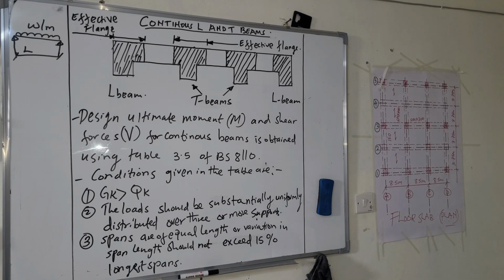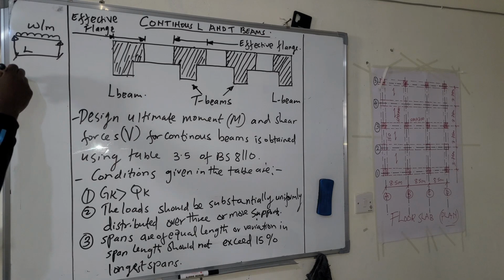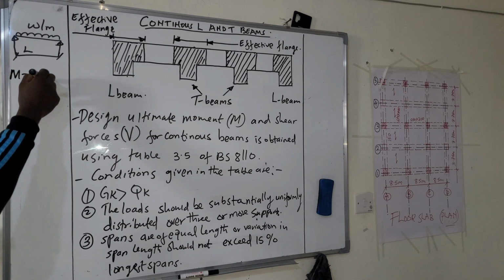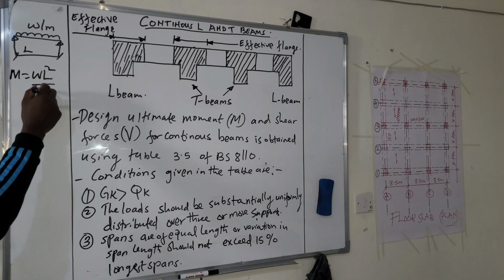That is, the summation of vertical forces is equal to 0, the summation of moment about a point is equal to 0, and the summation of all horizontal forces is equal to 0. Then the formulas derived from that can help you to obtain the design ultimate moment for a simply supported beam. For example, this one is given by M is equal to WL square over 8.